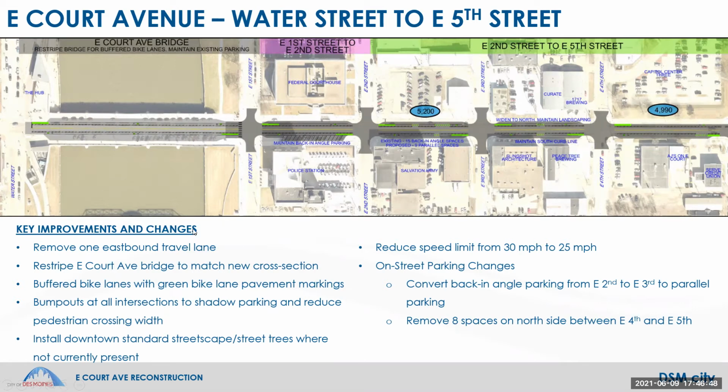Along with the buffered bike lanes, we'll be adding green pavement markings, which will be similar to what you see on East Grand currently, and what we're proposing on a few other corridors on the west side of downtown. We'll also be constructing bump outs at all the intersections. What the bump outs will do is, first of all, they shadow the parking lane, to delineate where that space is, but they also provide a reduction in the pedestrian crossing width.